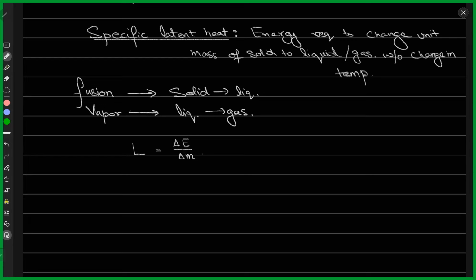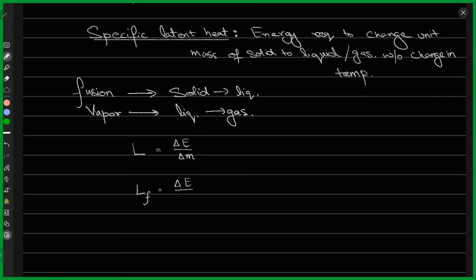So then you can write down two extremely similar expressions where you just add a subscript F, which means this is the specific latent heat of fusion, and that is change in energy, the energy that I'm supplying to the system, right?